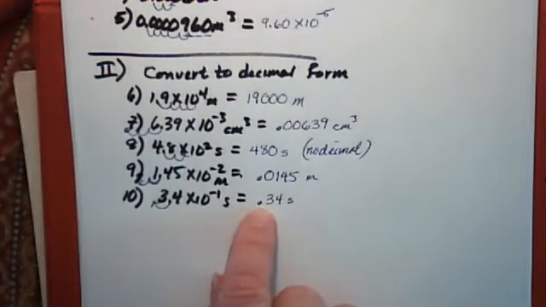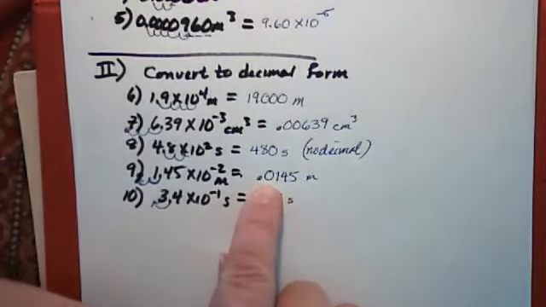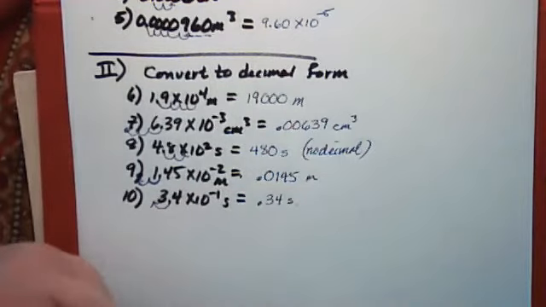So if you want to write this as 0.34, that's okay, but if you want to write it as .34, that's acceptable too, as long as you make the decimal point clear. And the same with this one. You could write that as 0.0145, or you can just write it as .0145. Saves a little bit of effort not to put that original 0 in.